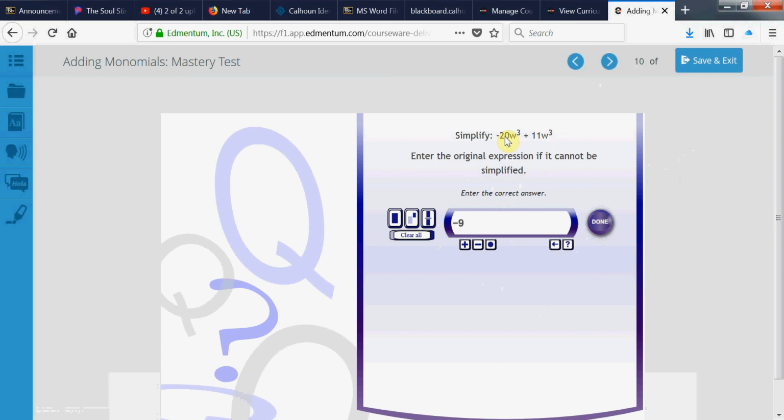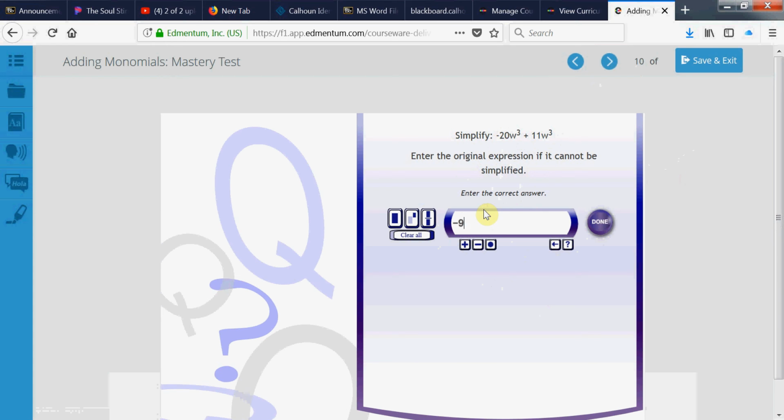But I'm talking about the absolute value, the length of the number. The length of negative 20 is positive 20. I measure it. Even though it's going downstairs, it's still the length of 20, just in the opposite direction. So if I have numbers with different signs, I subtract and then affix the sign of the larger absolute value number to the result.